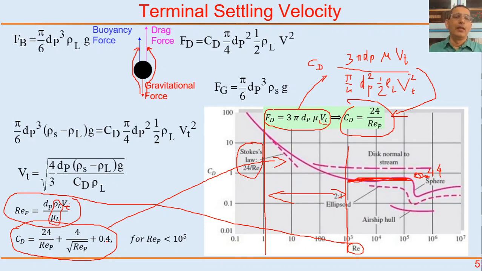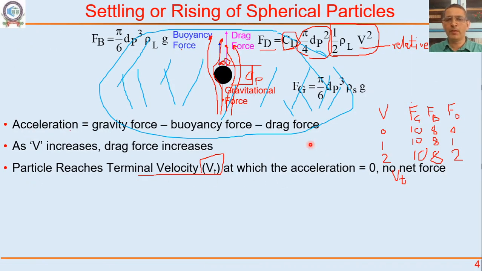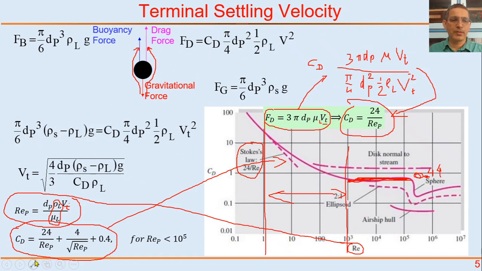Okay, now let's rearrange all this. Let's try to write this expression. What do we have? We are talking about gravity force minus buoyancy force equal to drag force. Let's take the next slide. We are writing gravity force minus buoyancy force at which the terminal settling velocity is reached.